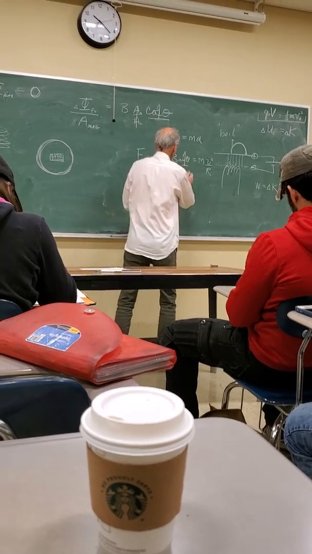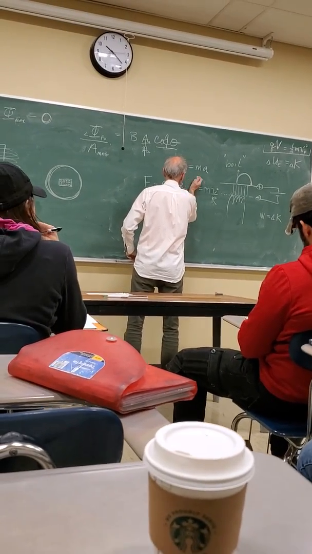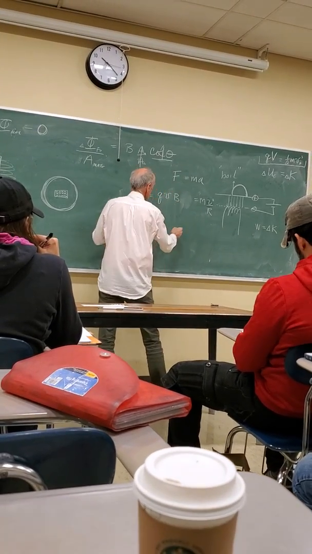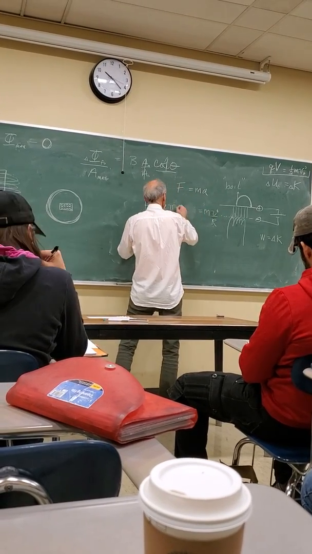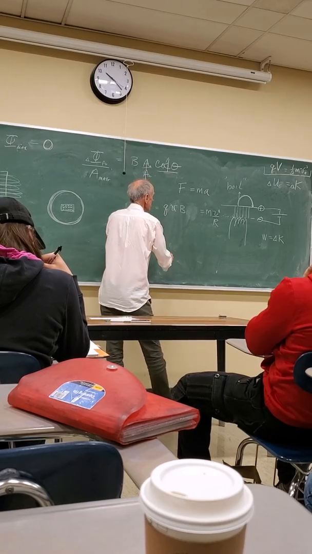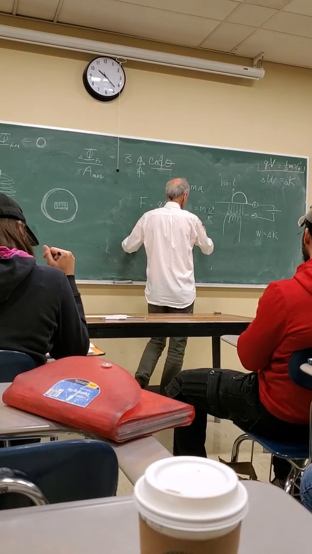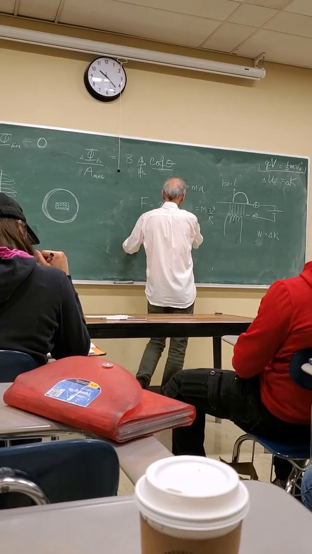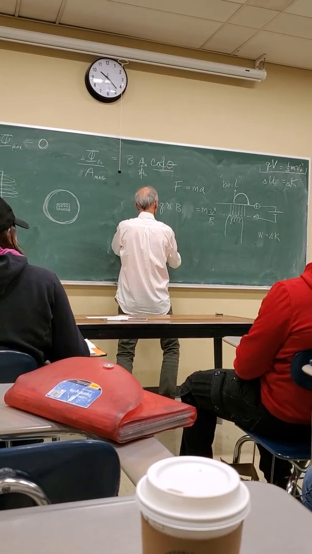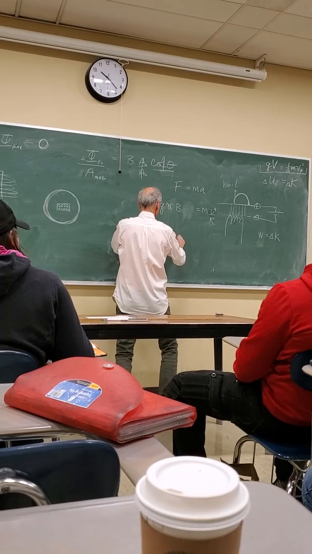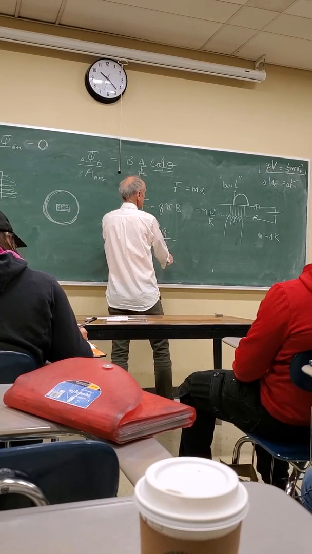So we use this equation many, many times for many situations, right? And one of the v's cancels. And in this case, we want to know q over m, the charge over the mass.